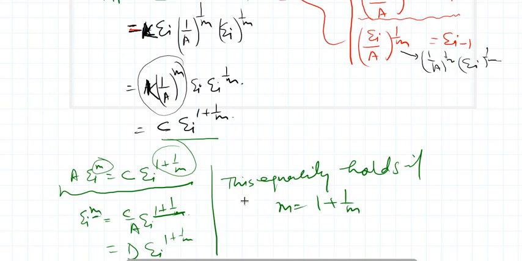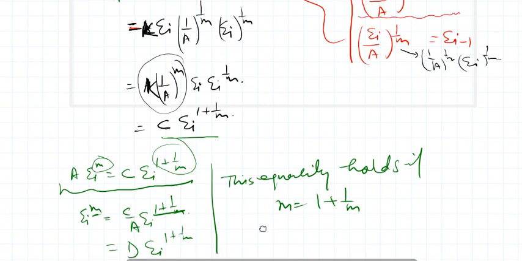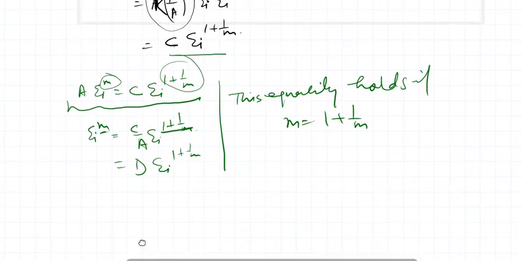Now all of us are familiar with this equation. This is a quadratic equation. Let us solve this quadratic equation, and its roots will give us the value of m, and that is the order of convergence.